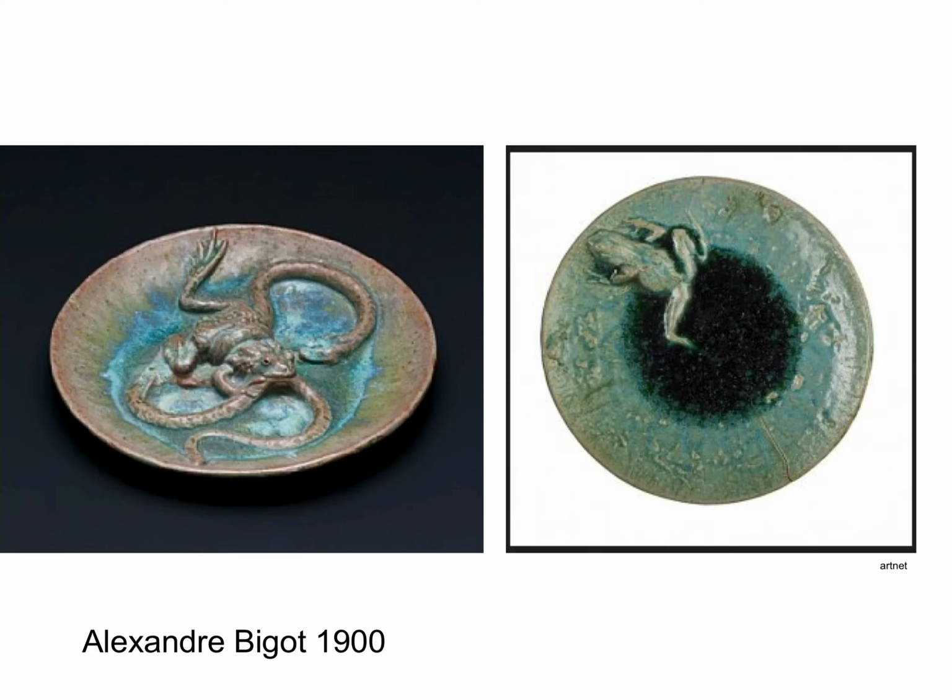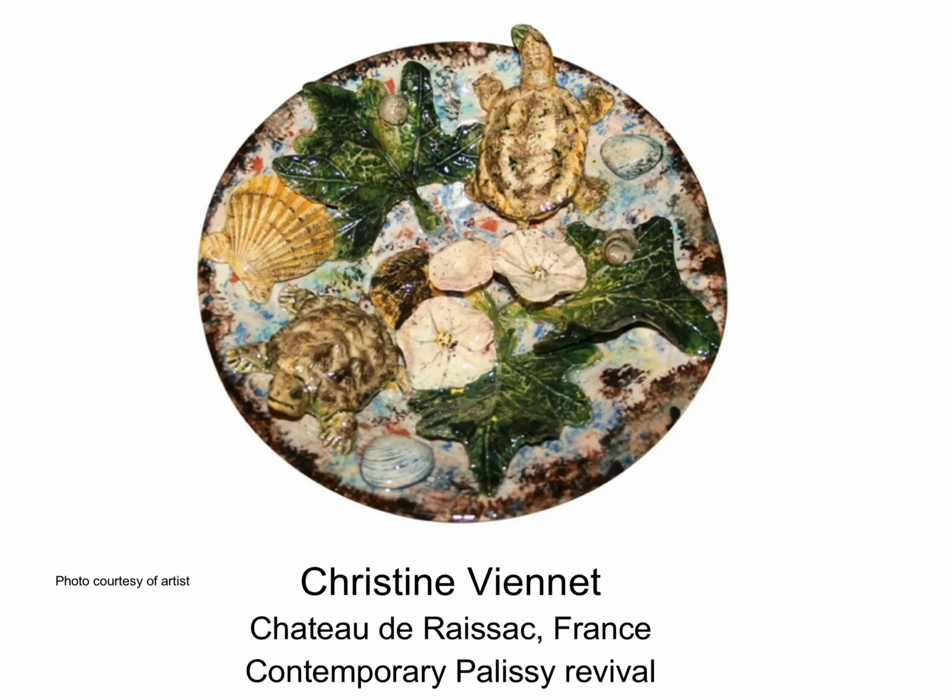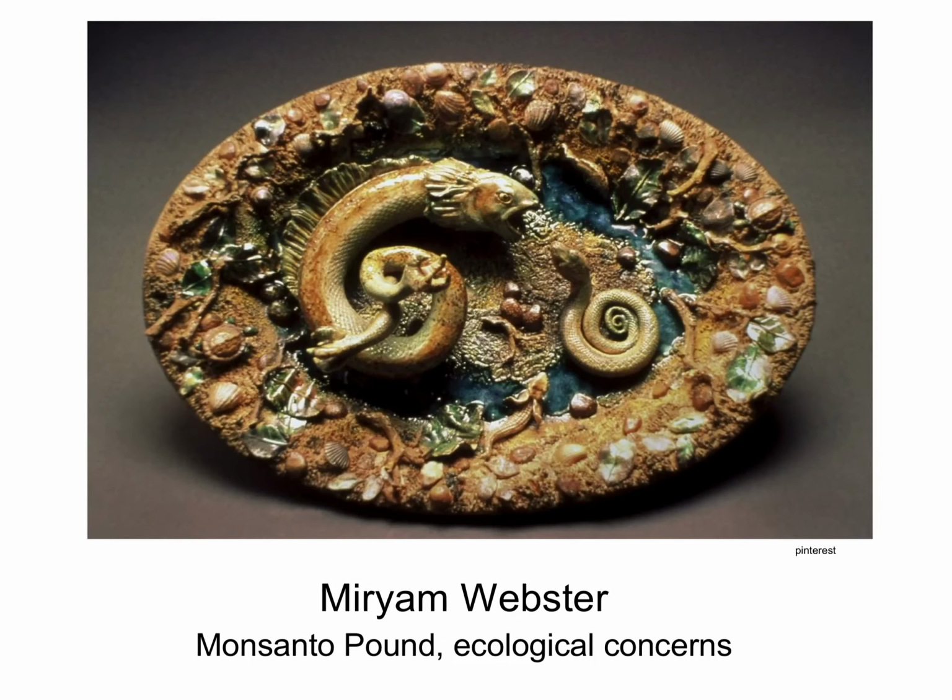And Alexandre Bigot moving away from naturalism, bringing it more at the level of material, the quality of glazes, and so on and so forth in his work. And in the contemporary world, we have an artist like Christine Viennet working in France as well, who is doing work following in the footsteps of Palissy and all the others in the 19th century who did such things.